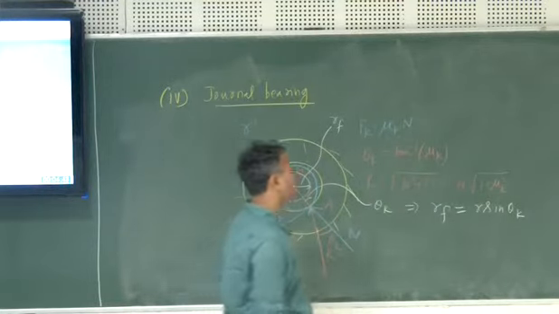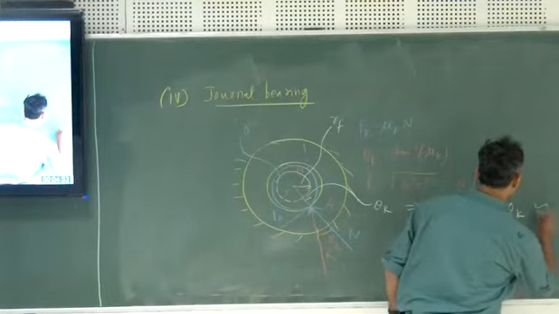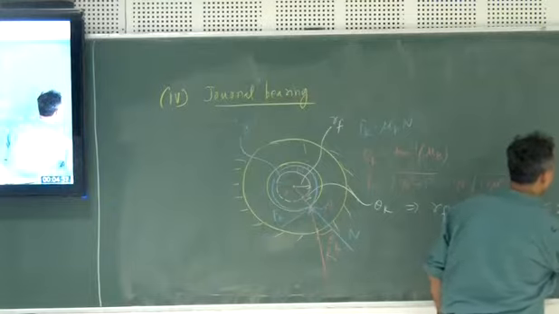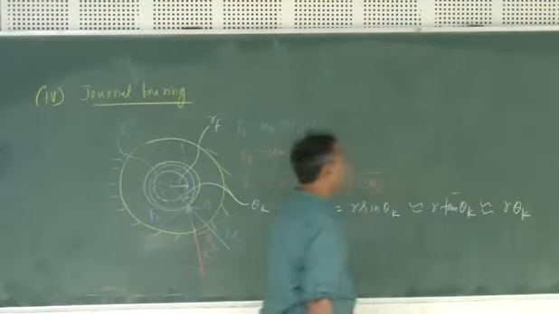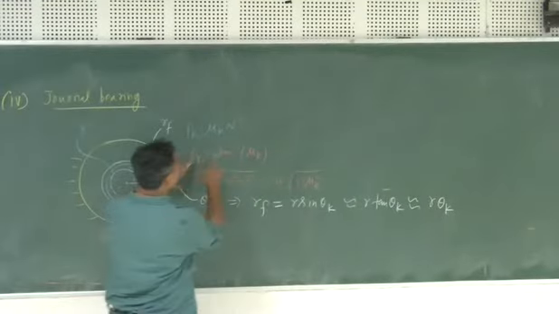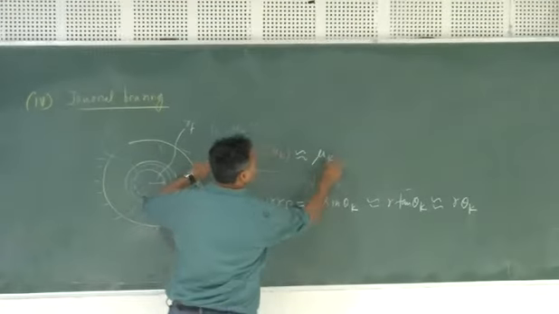However, since this theta is very, very small, you can write R tan theta k also, and also you can write it as R theta k. But theta k is nothing but, we just saw, tan inverse mu k, and approximately it is equal to mu k.